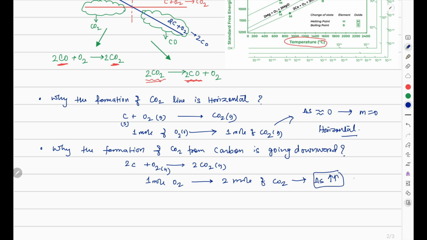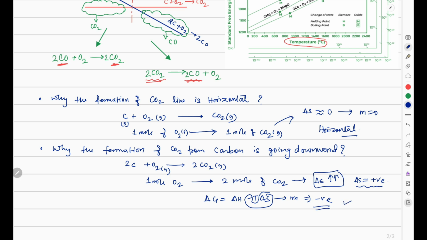That means delta S in this case is positive. When we substitute this value in the relation delta G equals delta H minus T delta S, overall we can see that the delta S term remains negative, that is m is negative. So the slope in this case is negative.